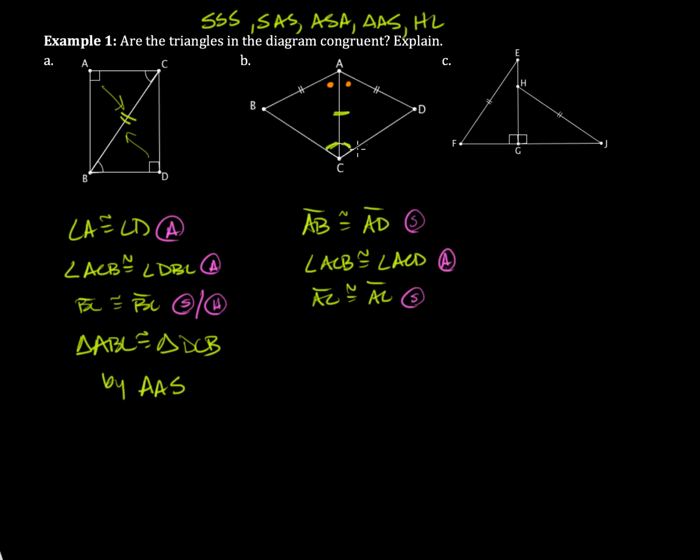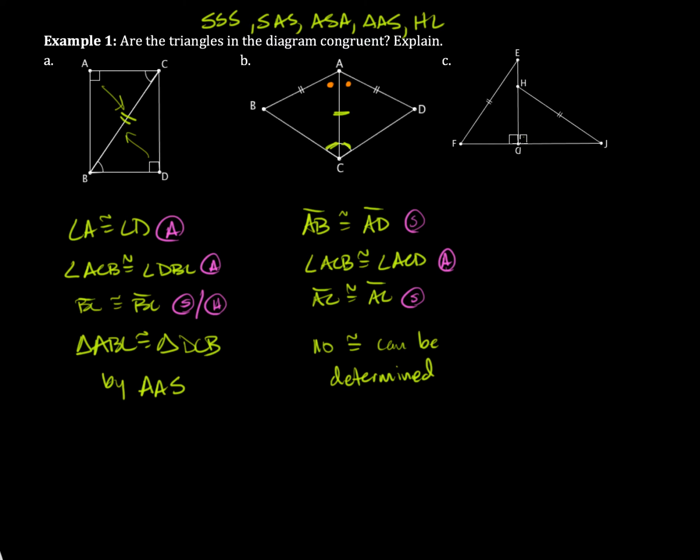I have a different pair of angles. Because I don't have any SSA, there is no SSA, I have to say in this problem that no congruence can be determined. Maybe these two triangles are congruent, but I can't prove that they are based on the information that I have.